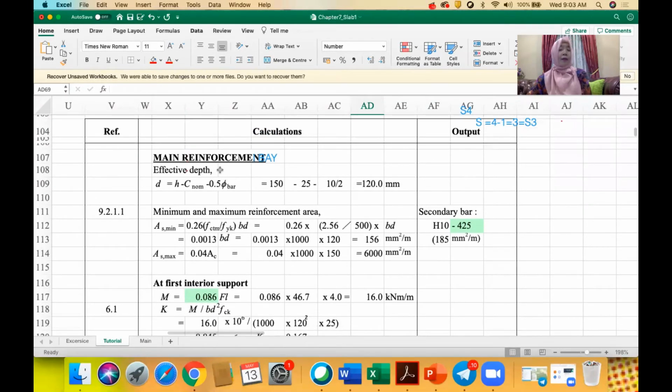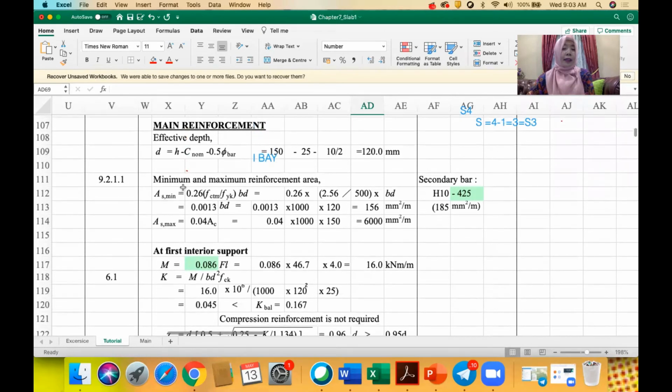Now we are going to design the main reinforcement by calculating D. Remember, D is equal to H minus C nominal minus bar radius. So we have 120 here, and then calculate first the As min and As max with this formula. So you get here 156.